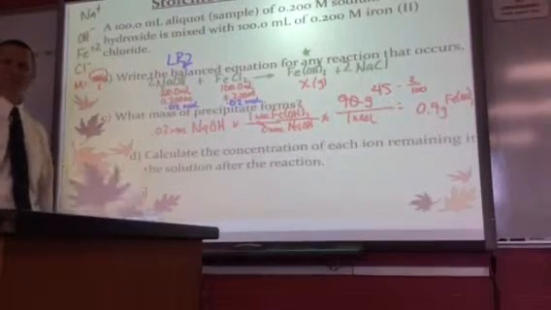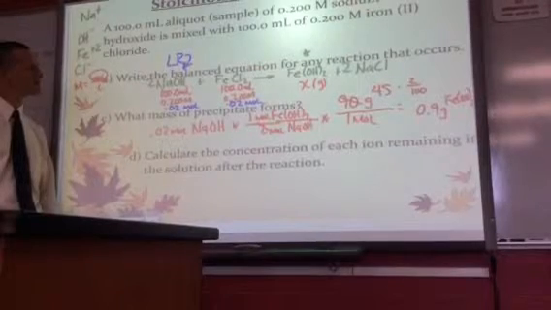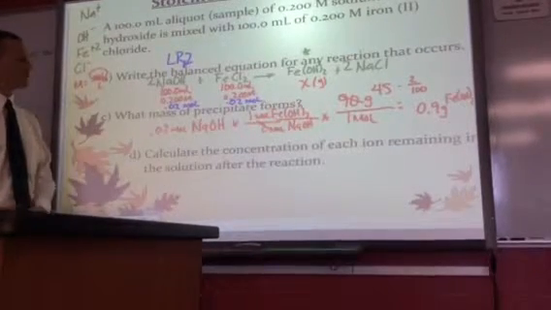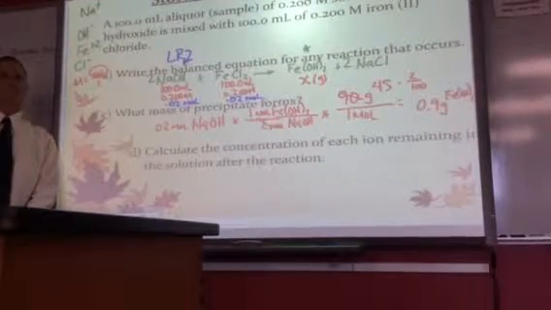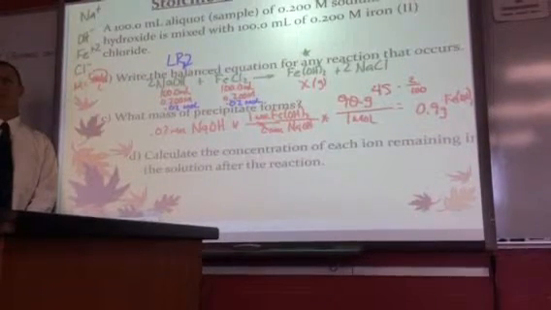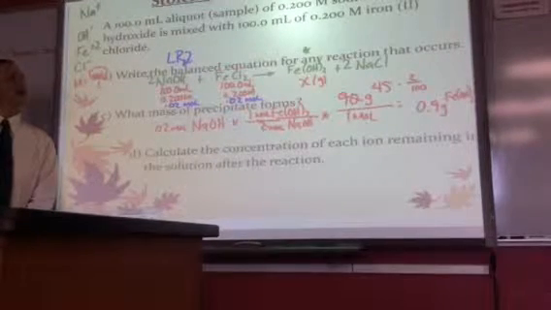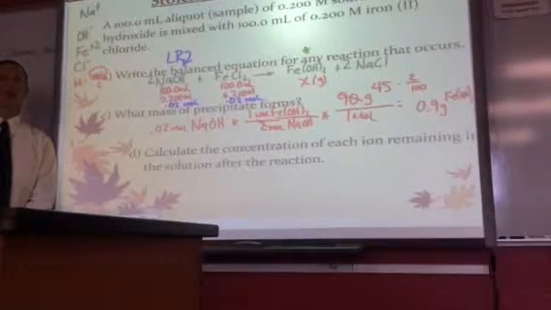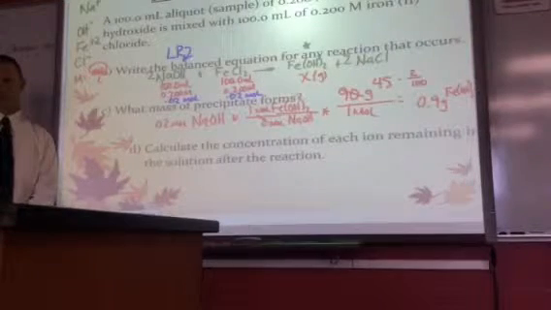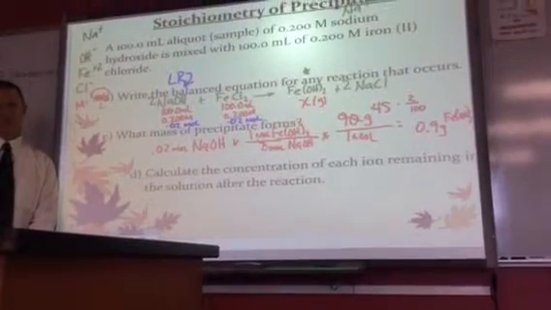Do you know what to do here? What ions remain? Oh, how about let's do this easier. Is there any ion here that is completely used up and is no longer in solution? I'll give you a hint. There's one. Which one is it?